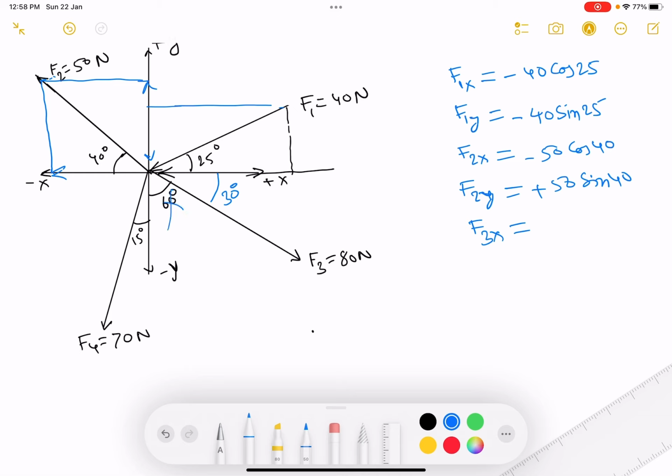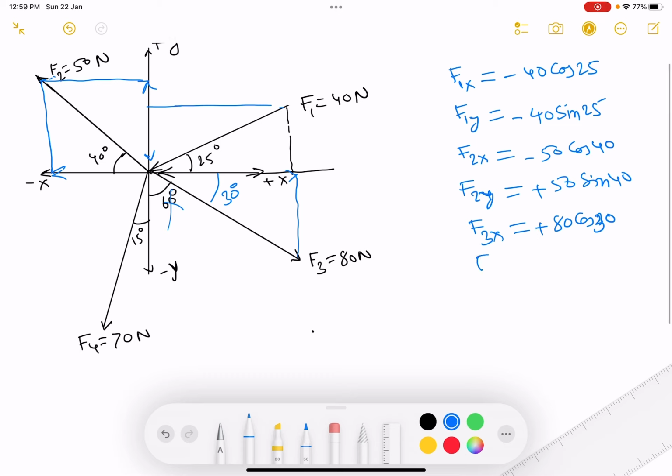Okay. Now F3 resolved along x-axis. So it is going to be 80, because whenever it is resolution along x-axis, we'll always say that this is cos of that. So 80 cos 30. Okay. And then what is the sign? When you resolve it, it's going to be towards right. So this is plus.